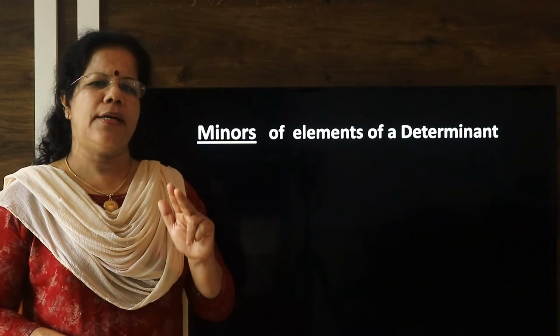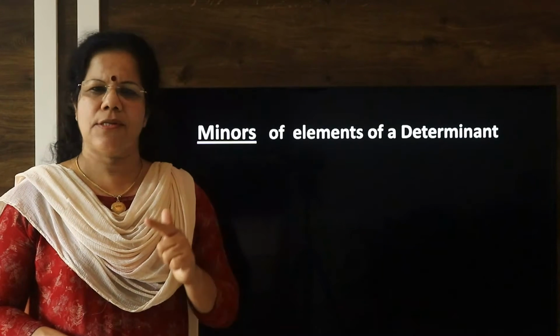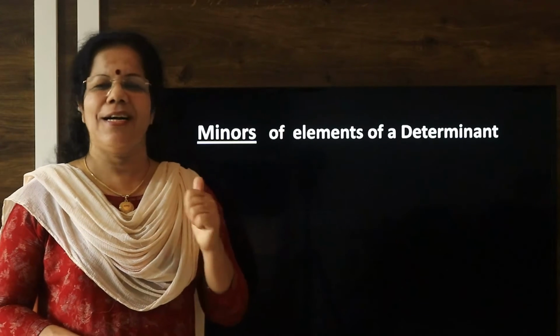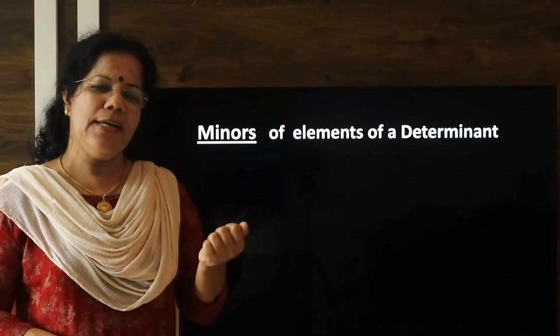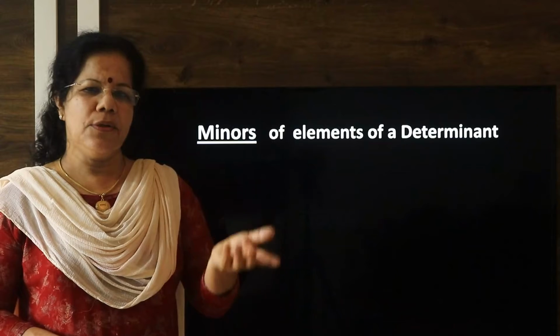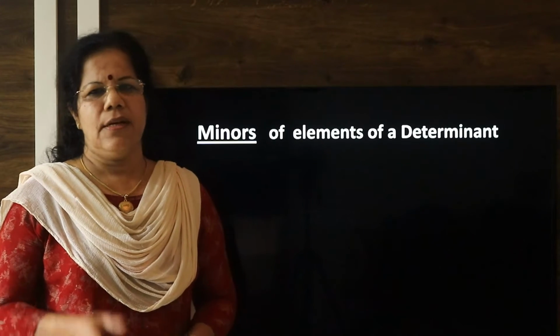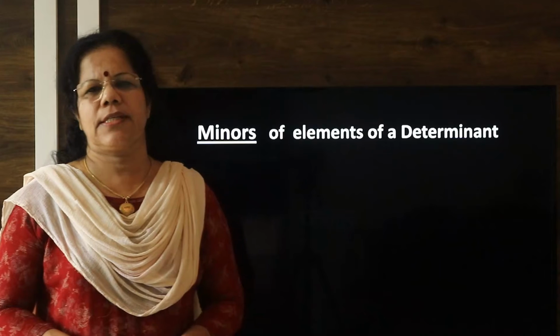Third one, matrix of cofactors. Fourth one, transpose of the matrix of cofactors. Then adjoint A. And already you learned determinant A. So using these concepts, we are going to define our inverse. Now see, what is meant by the minor of an element of a determinant?